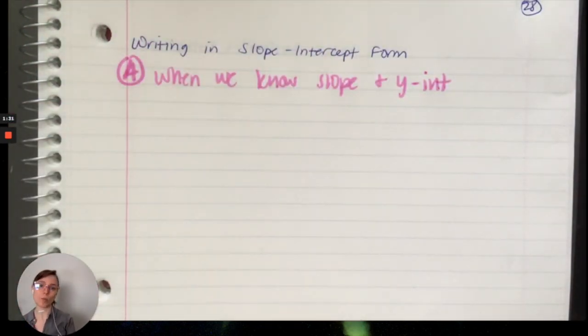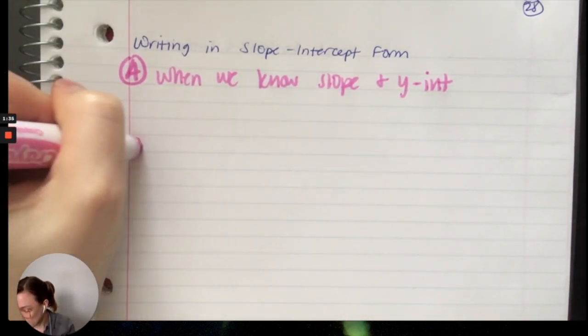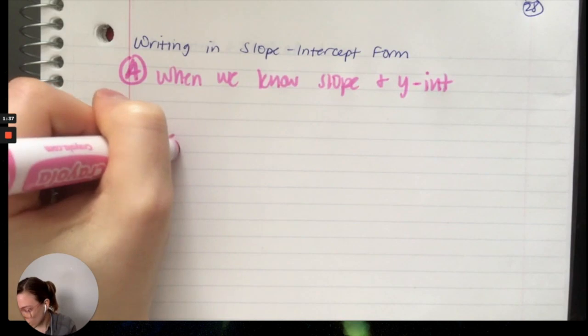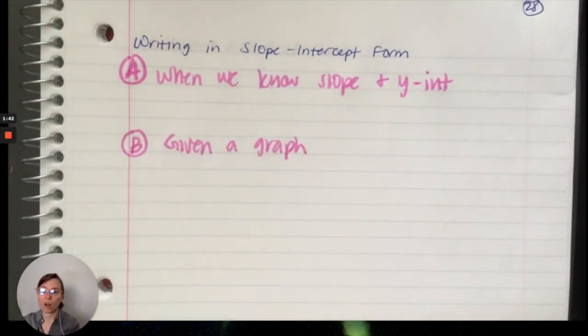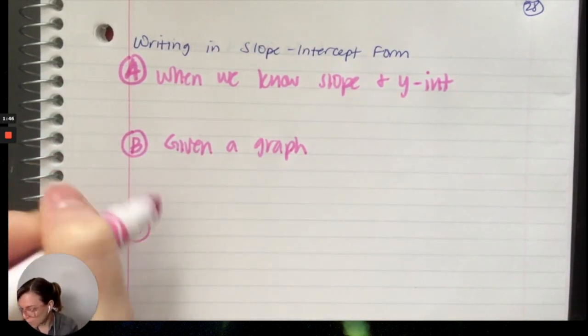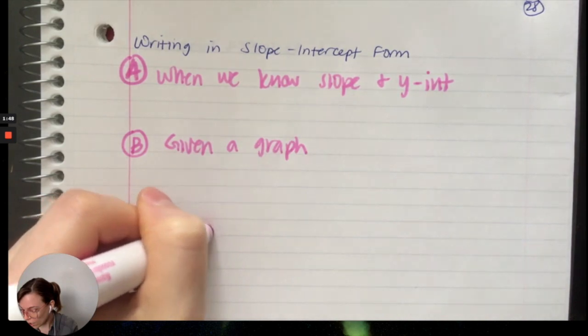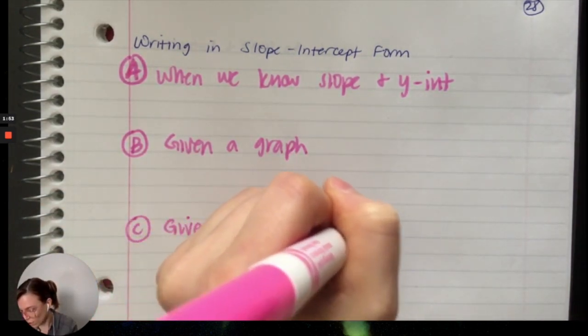So how do we write slope-intercept form when we know the slope and y-intercept? Part B is going to be when we are given a graph and have to make the equation from the graph. C is going to be when we are given a point and slope.